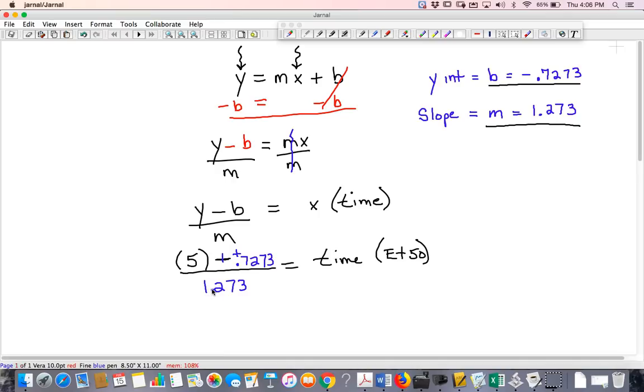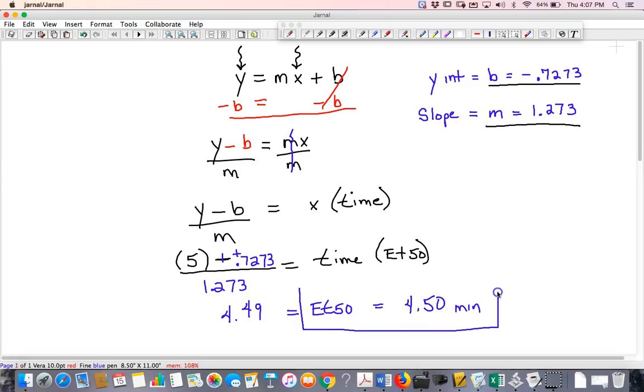So we put that in our handy dandy calculator: 5 plus 0.7273 divided by 1.273. What I get, if you're following along, is an ET50, a time in minutes, of 4.499. Let's round to two decimal places, so I get 4.50 minutes. And that is my ET50 for that set of data.